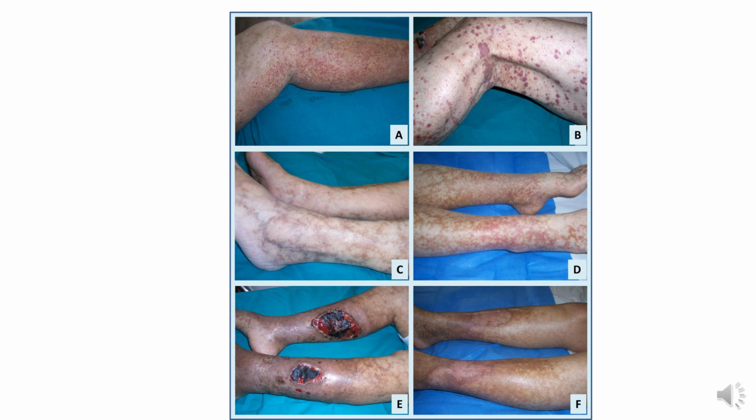A and B pictures show palpable purpura. C and D are livedo reticularis. In E we see leg ulcers, and F, leg scars after ulcers.